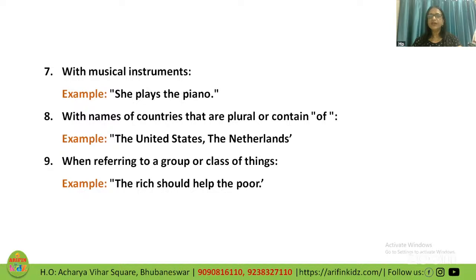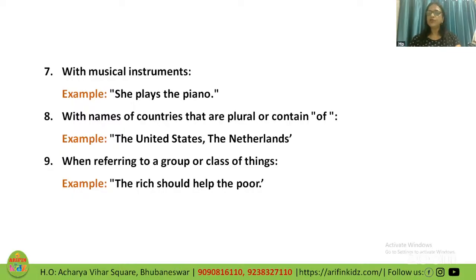With names of countries that are plural or a collection of states. Remember, this one I will explain a little bit. First, "the" is not used before the name of a country like India. We never say the India, the Pakistan, the Nepal, the Bhutan. We don't use "the" before the name of a country, because the name of a country is a proper noun.